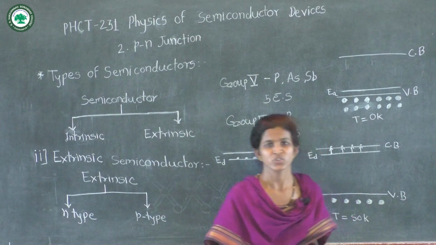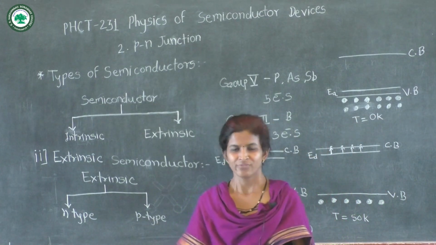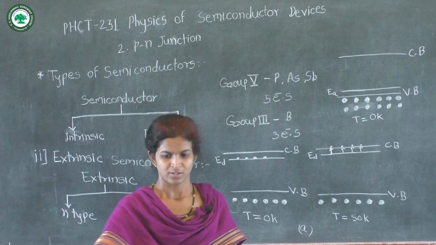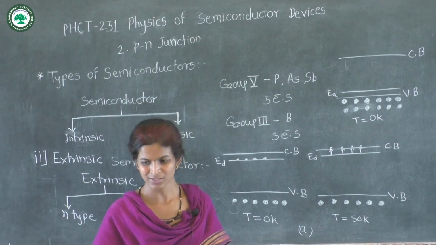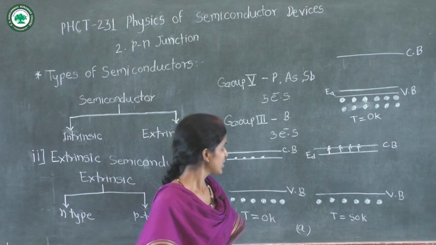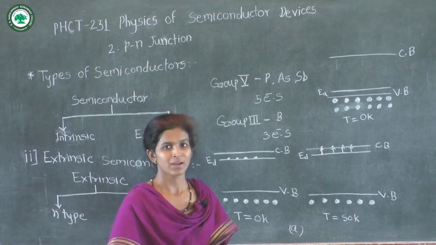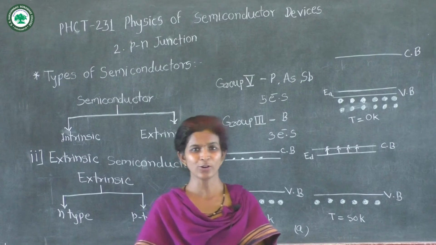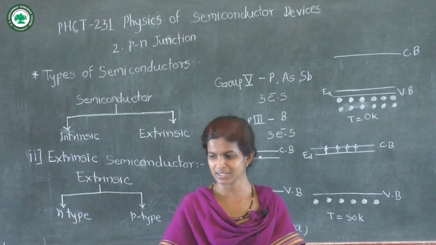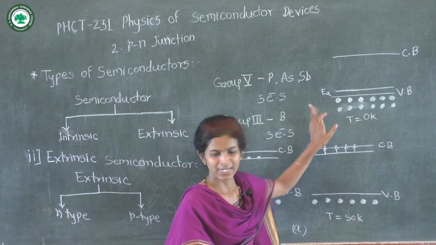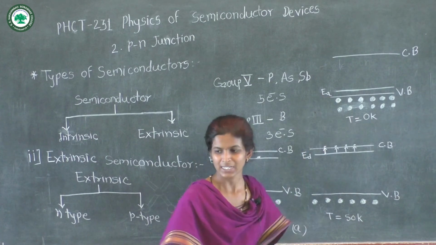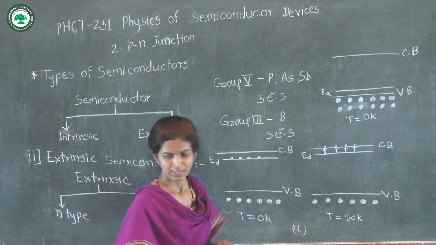And due to group 3 impurity introduction, there is one electron which is less in binding with the silicon atoms, that is the pure semiconductor. There is introduction of acceptor impurity level, and this is the situation at T equal to 0K.